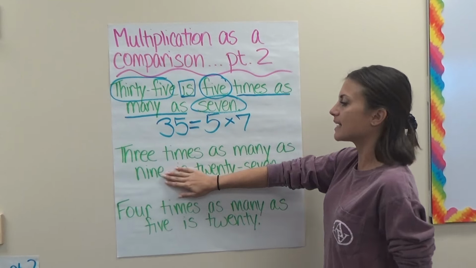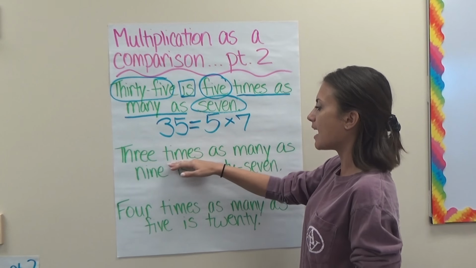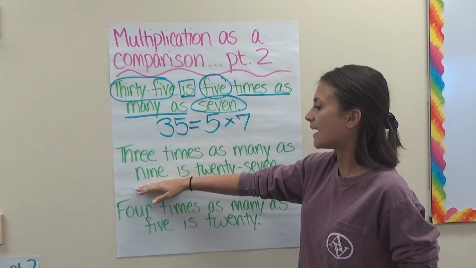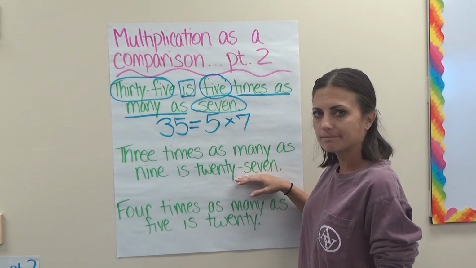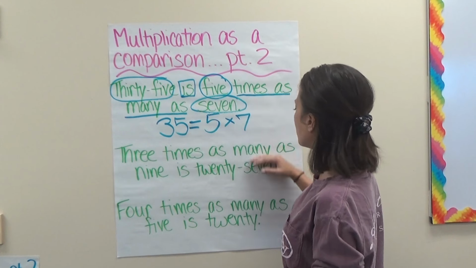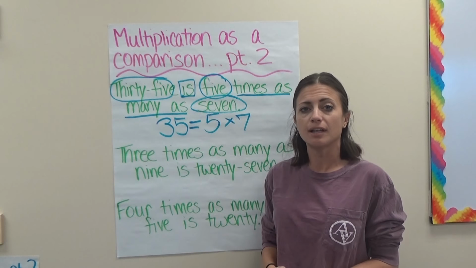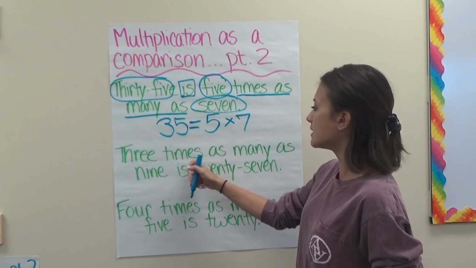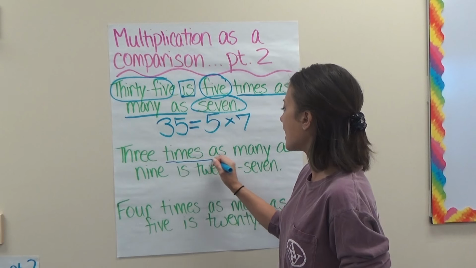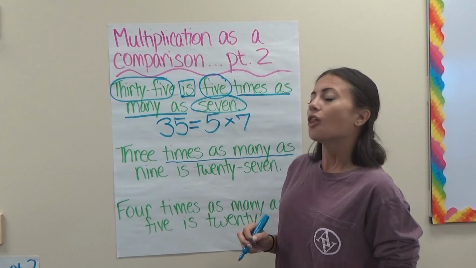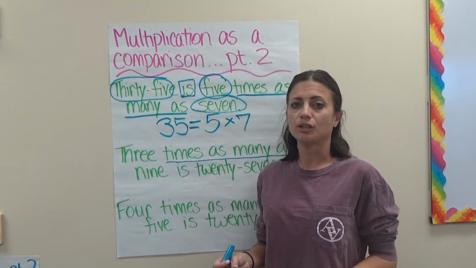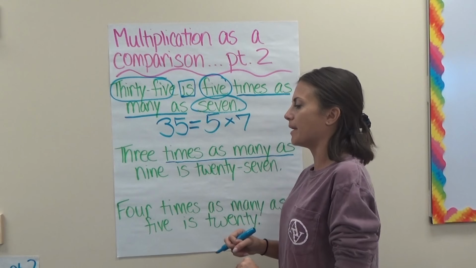Now, the next example we have is 3 times as many as 9 is 27. So let's mark up our equation. The first thing we look for is our comparison statement, and we are going to underline it. In this case, our comparison statement is times as many as. The other pieces of our equation are built in around that comparison statement.